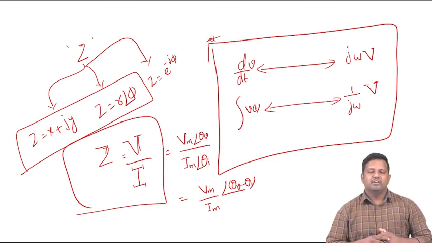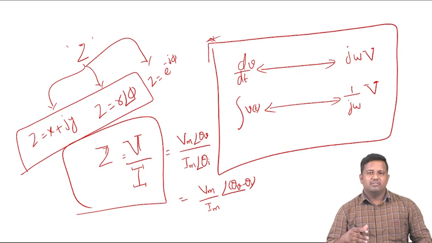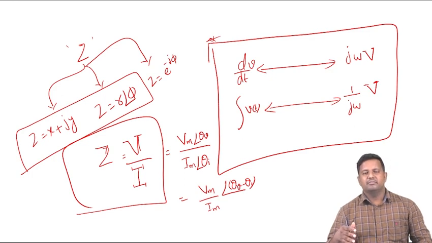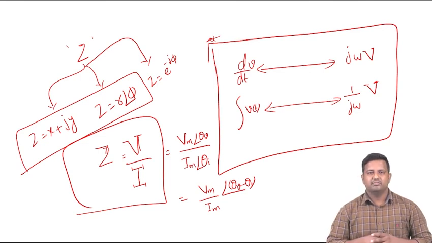And when R and L parameters are in series connection, how they behave with respect to AC sinusoidal excitation, and R, L and C in series connection with AC excitation, how the circuit behaves, and R, L and C parameters in parallel connection with AC supply, how they behave. These are all things we are going to study in the first module.